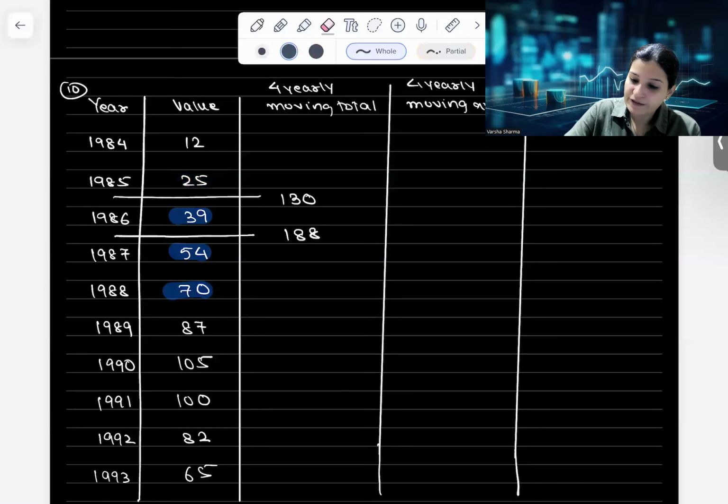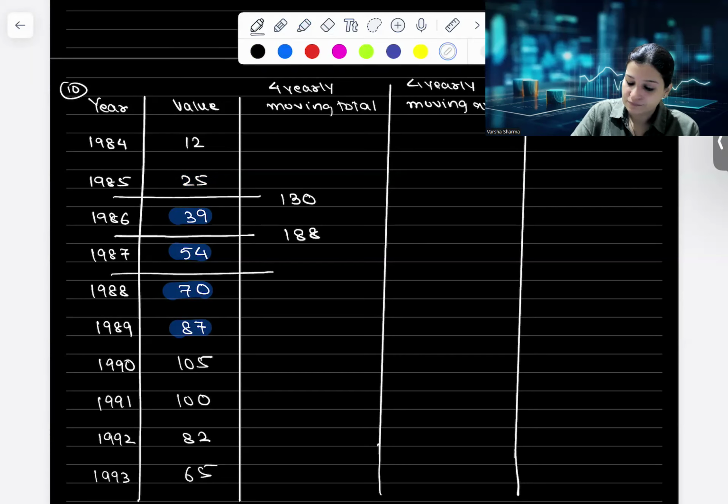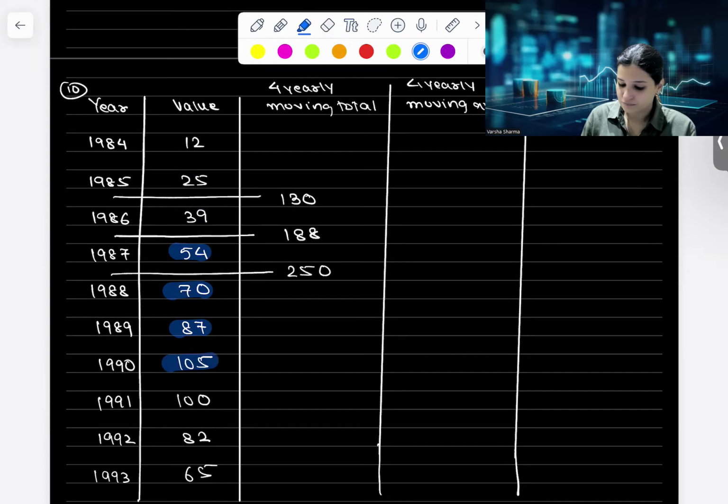Now remove 25 and add 87. 250. Remove 39 and add 105. 316.